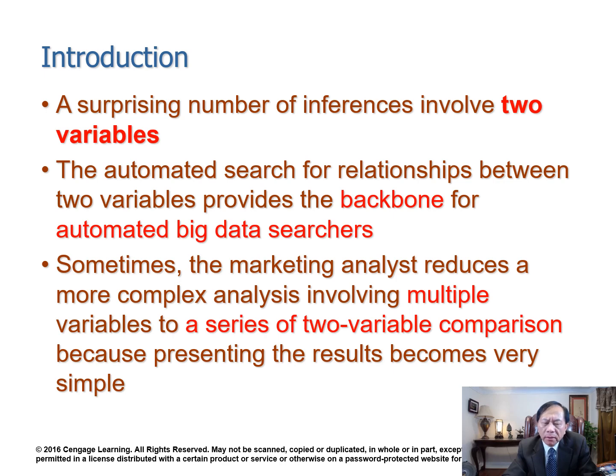Sometimes the marketing analyst reduces a more complex analysis involving multiple variables to a series of two-variable comparisons, because presenting the results becomes very simple. So it's easier to understand, easier to visualize, easier to comprehend, and easier to apply to other scenarios.